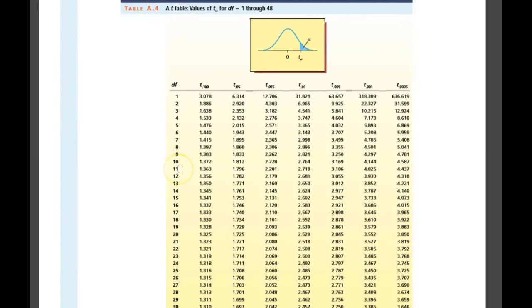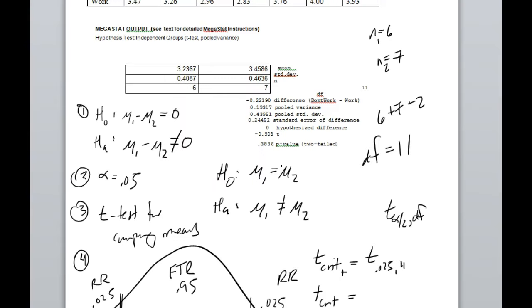Degrees of freedom 11, and T of 0.025 is 2.201. Okay. Hope I didn't screw the pen up there. Okay. I didn't. 2.201. And for the negative version of that, we have a negative 2.201.